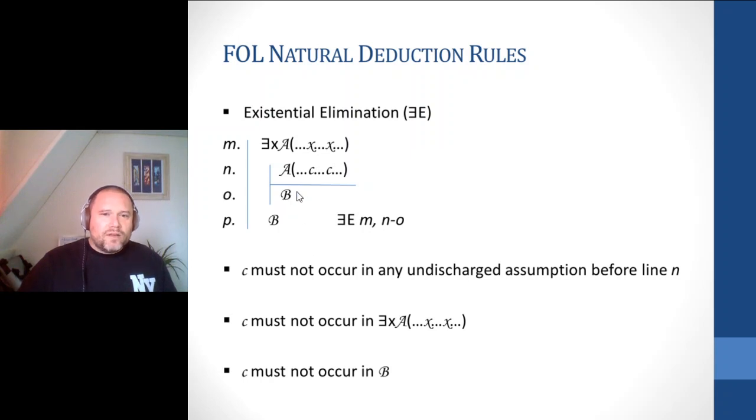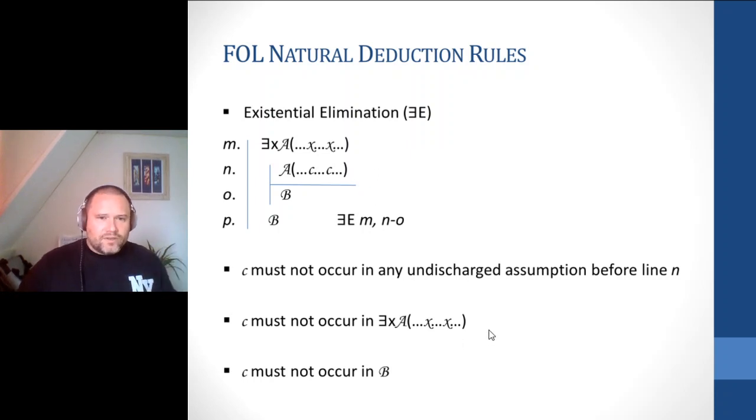But once we derive this result, we can then close this subproof and move this very same result one line to the left. And this will be derived then from eliminating the existential that we started with. So we cite our existential and the subproof that features the arbitrary substitution instance.